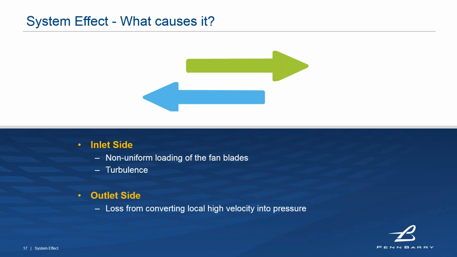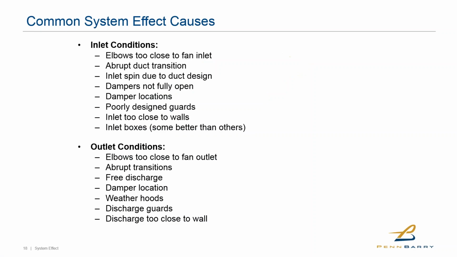Now you have high-speed air tumbling around, and you have a situation where that cannot be turned back into static pressure. Given enough ductwork in a straight, smooth line, the air will eventually regain all of its static pressure. But if we start putting bad turns and transitions in there that are less than ideal, we will diminish that and make an inefficient system that has system effect in it.